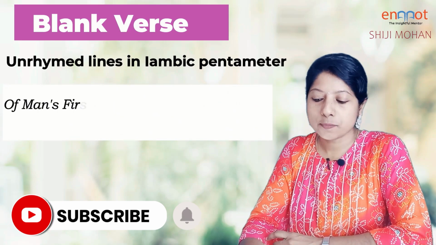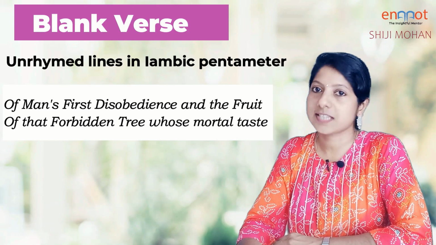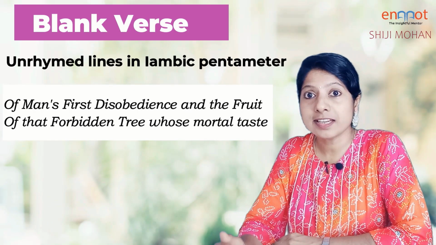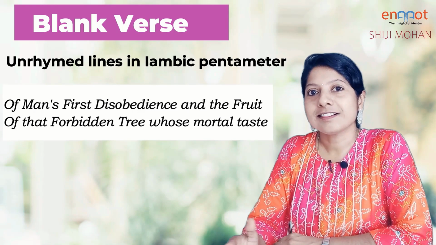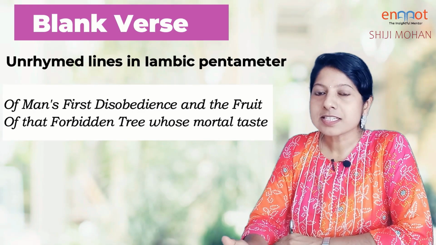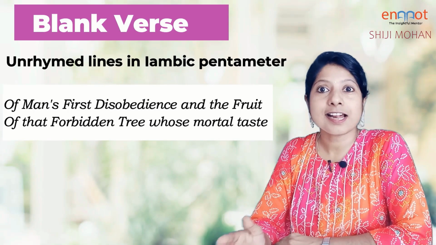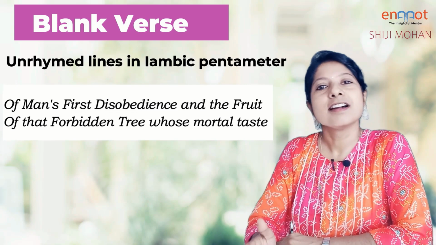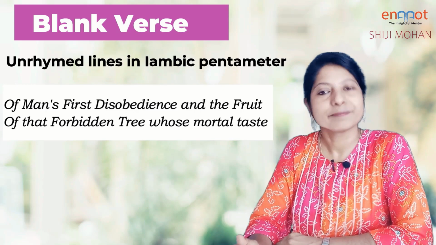Of man's first disobedience and the fruit of that forbidden tree whose mortal taste. Here you can see that the final words, that is fruit and taste, do not rhyme. Hence, there is no end rhyme, but regular meter is followed here, and that is iambic pentameter, because again there is an unstressed-stressed pattern with 5 feet, that makes it iambic pentameter.